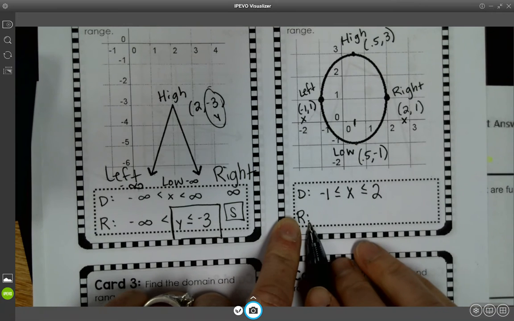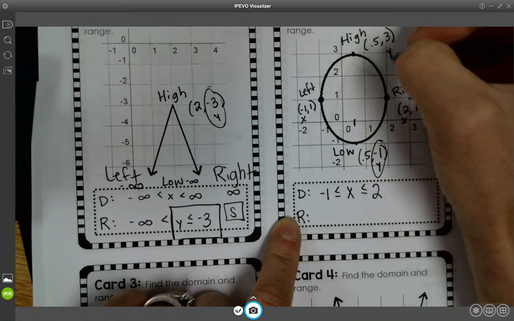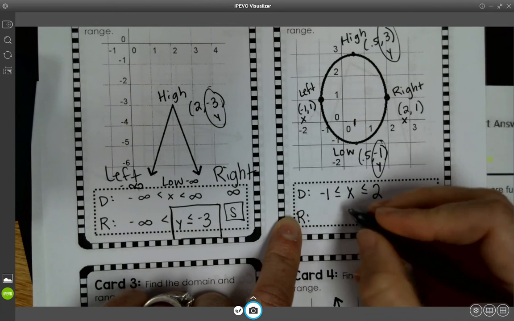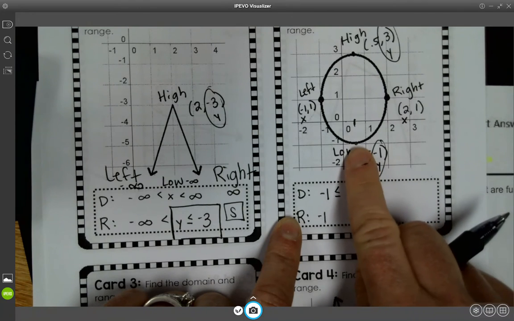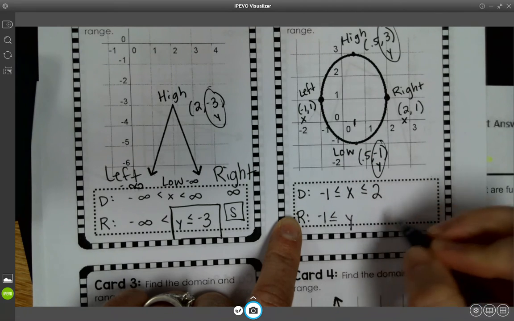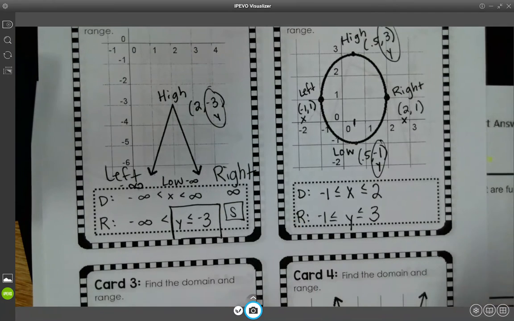So whenever we do our range, we do the y value. So we only care about the y value. So it'll be -1, and it touches that point. There's not an open circle there. So it's going to be less than or equal to y, and then high is 3, less than or equal to 3.